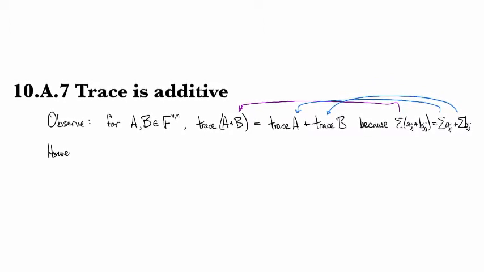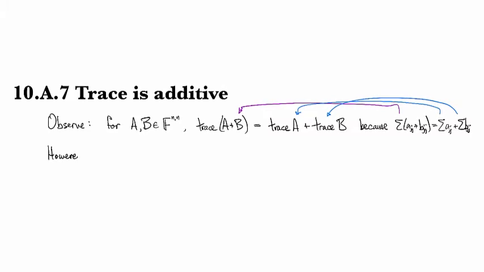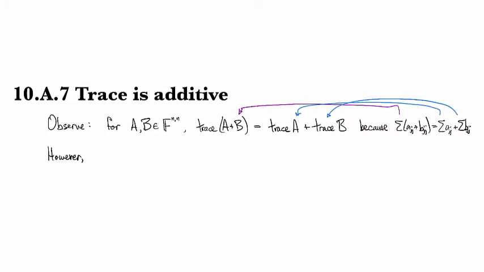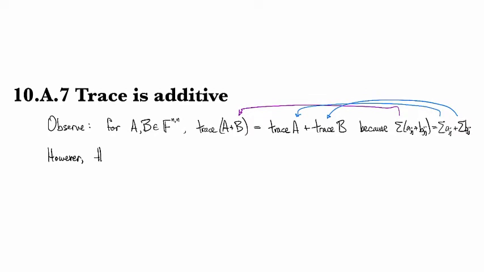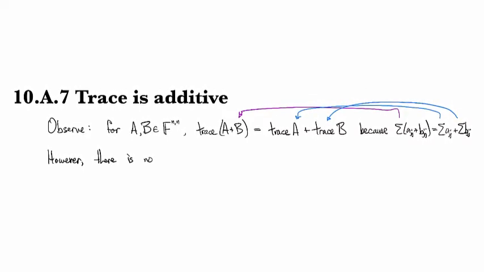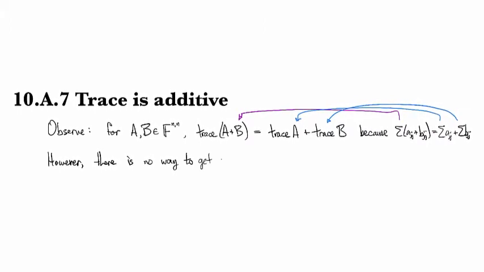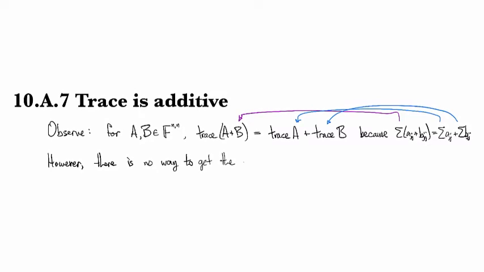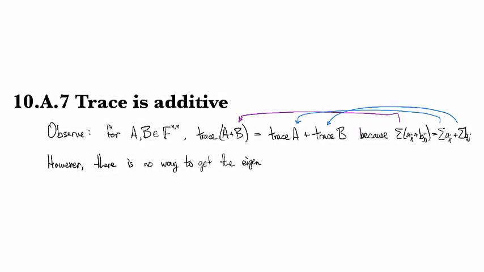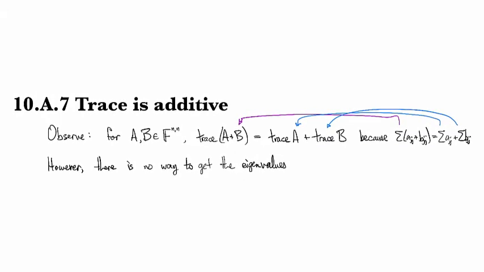But if we want to translate this to operators, it's not quite so easy because there is in general no way to get the eigenvalues of a sum in terms of the components.